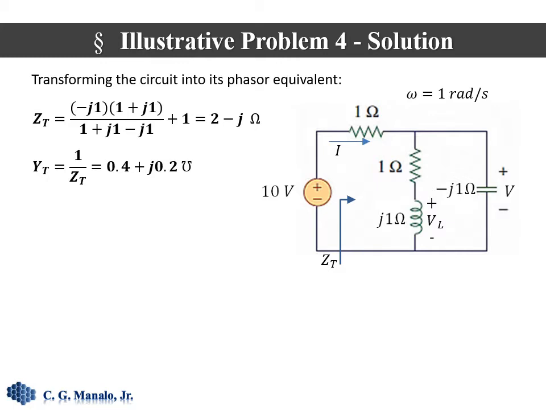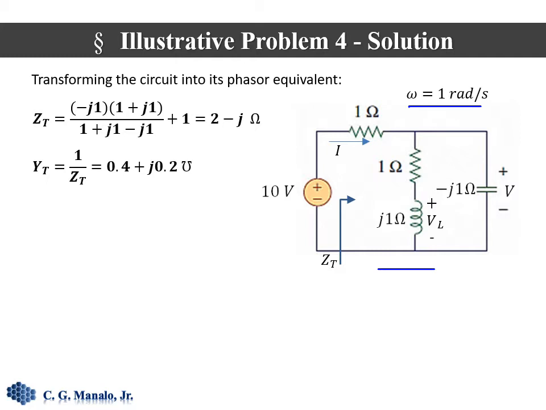So here's the solution. Again, we first express our circuit in terms of its phasor equivalent. Take note that we have omega equal to 1 radian per second. This is the phasor equivalent of the circuit.